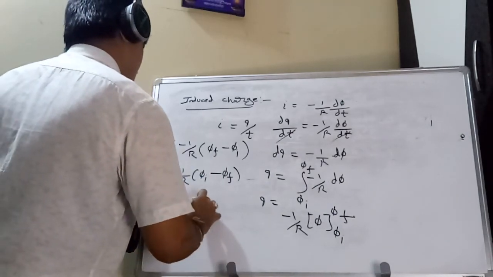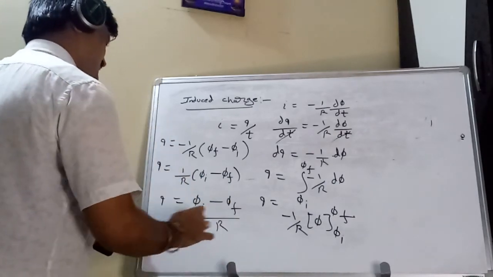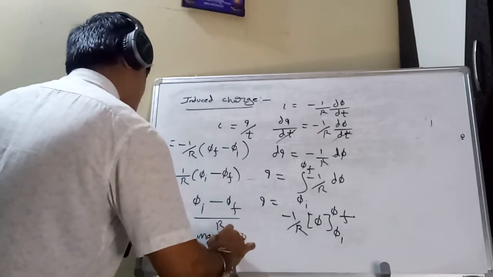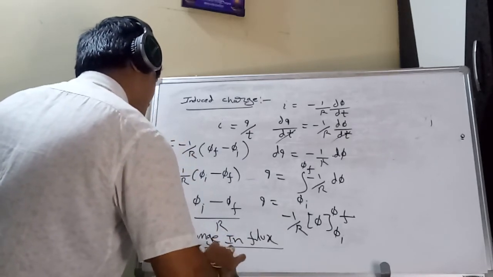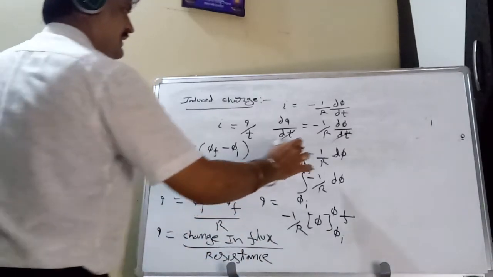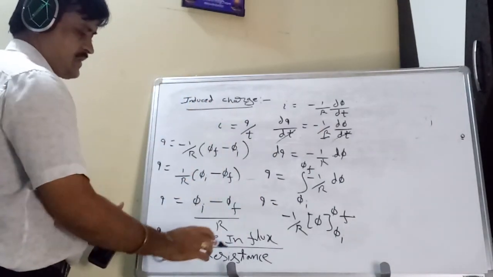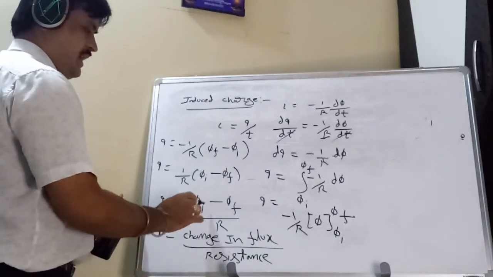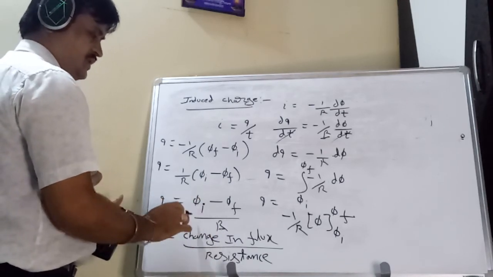So q is equal to (phi i minus phi f) by R: the change in flux by resistance, where R is the resistance of the coil. This is the induced charge: q is equal to change in flux by resistance, phi i minus phi f by R.